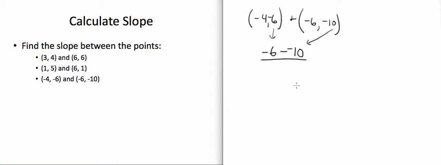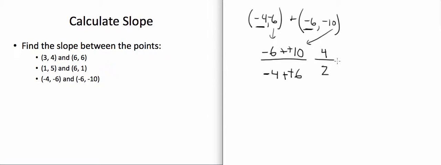So now we have -4, which is this value, minus -6, which is this value. In both cases we have to make these plus because we have 2 negatives in a row. And so we have -6 plus 10, which gives us 4, and then -4 plus 6, which gives us 2.